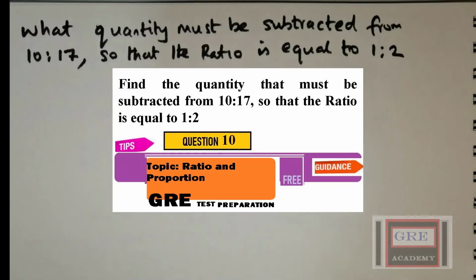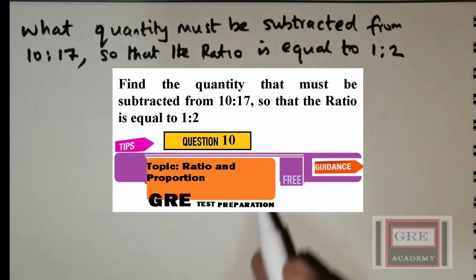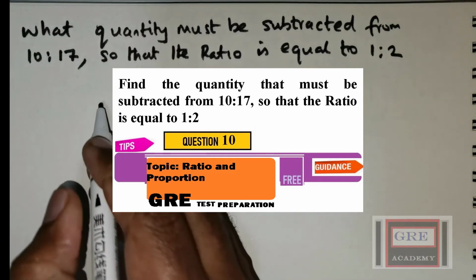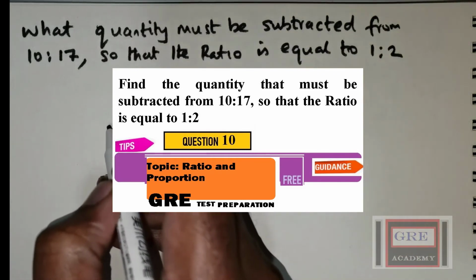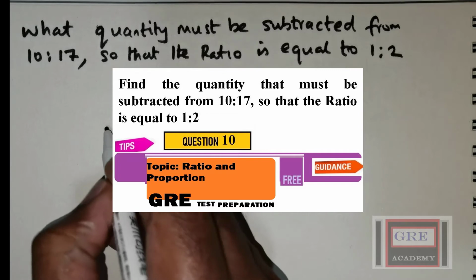Students were given this question: what quantity must be subtracted from 10:17 so that the ratio is equal to 1:2? So we would start by assuming the following.